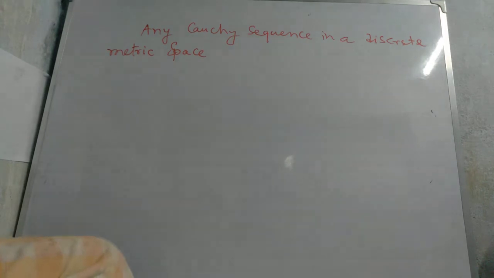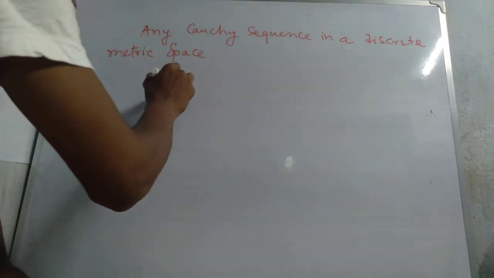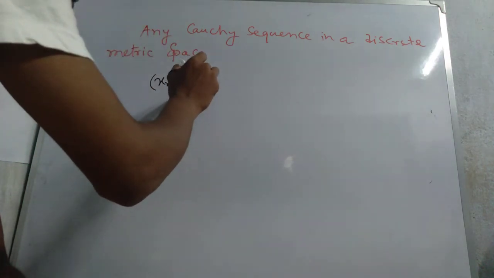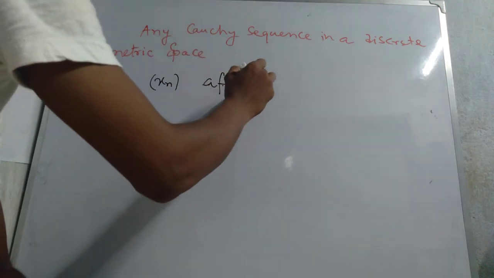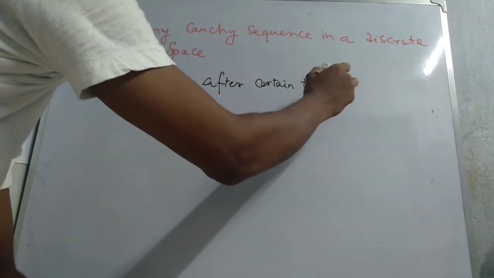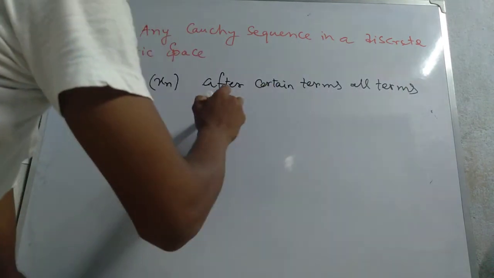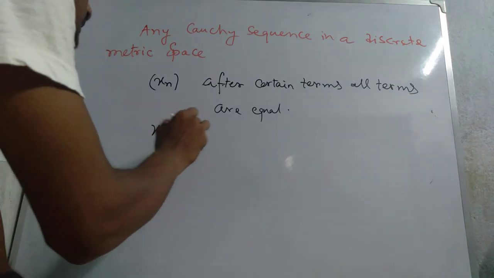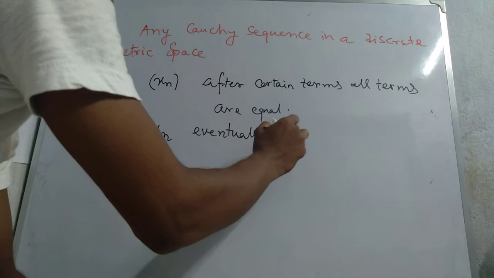Then we construct this sequence, that means after a certain term all terms are equal, then x_n is eventually constant.